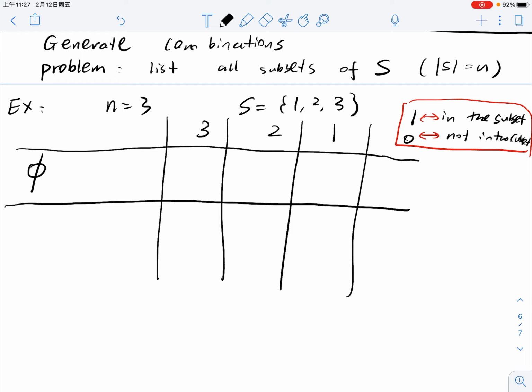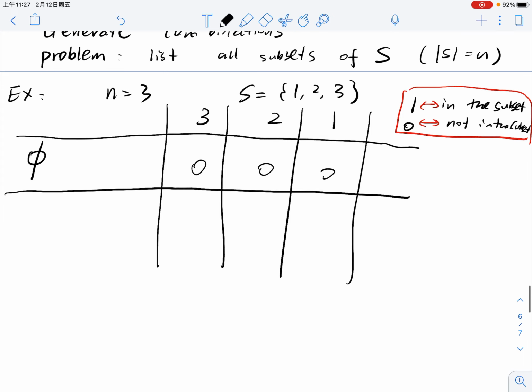Okay, so for the empty set, we have 0, 0, 0.